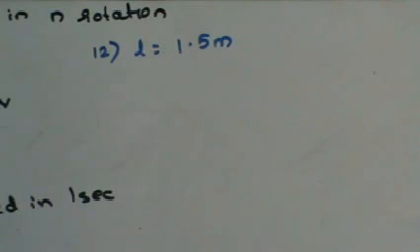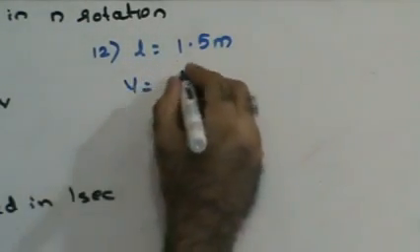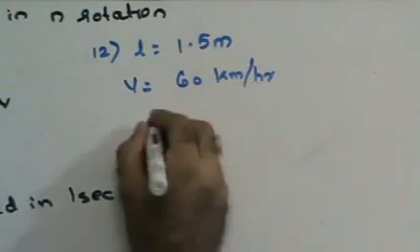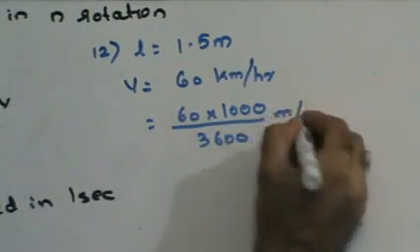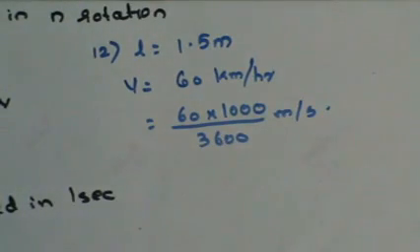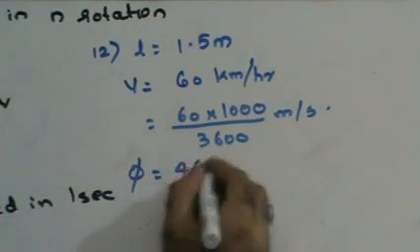Calculate the EMF that will exist between its ends when the engine moves with a speed of 60 kilometers per hour and the angle of dip is 46 degrees.